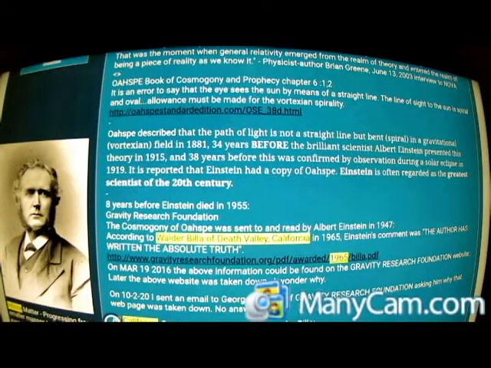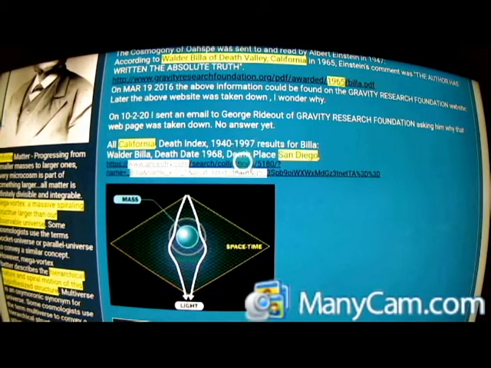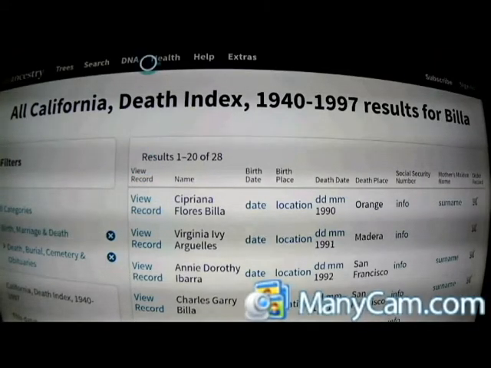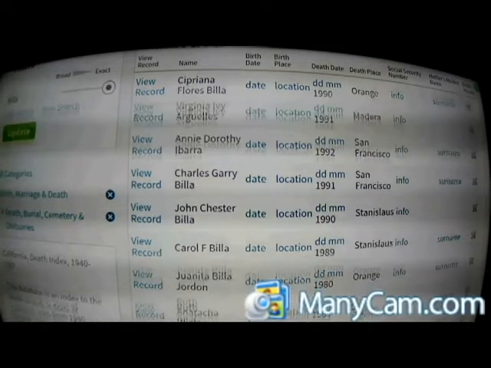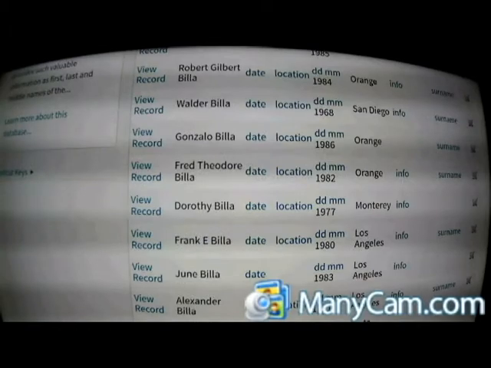I looked for any records of that person, and what I found was, says here, all California death index 1940 to 1997 results for Billa or Bia. Walter Billa, death date 1968, death place San Diego. And there was a link for that on ancestry.com. I'll click on that link, and scrolling down, there it is right there, the record of Walter Billa.